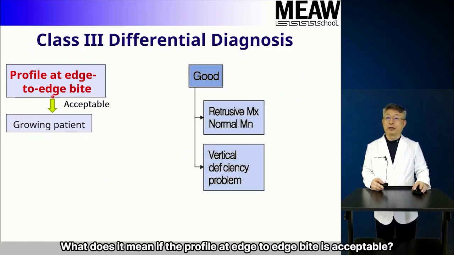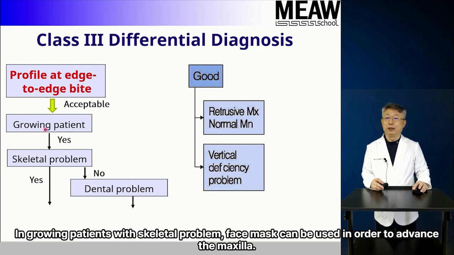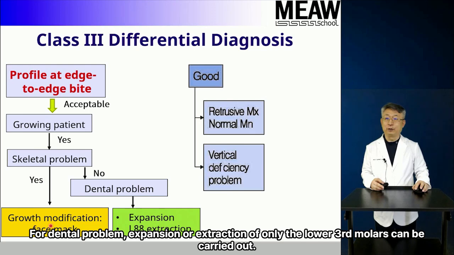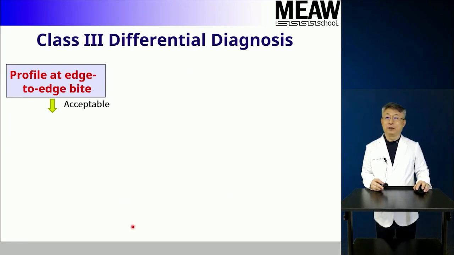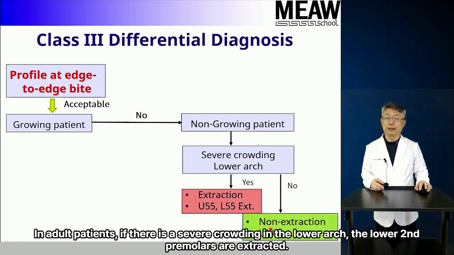What does it mean if the profile at edge-to-edge bite is acceptable? It indicates retrusive maxilla or vertical deficiency problem. In growing patients with skeletal problem, face mask can be used in order to advance the maxilla. For dental problem, expansion or extraction of only the lower third molars can be carried out. In adult patients, if there is a severe crowding in the lower arch, the lower second premolars are extracted.